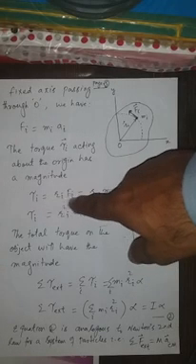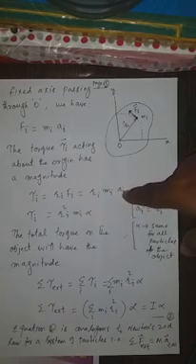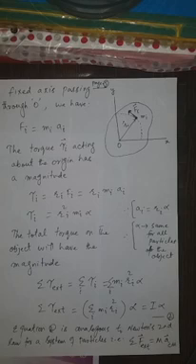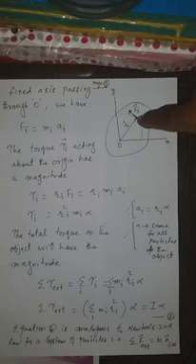Here tau i is equal to Ri Mi Ai. Placing this value of Ai, we will get tau i is equal to Ri square Mi alpha. This is the calculation for the ith particle.